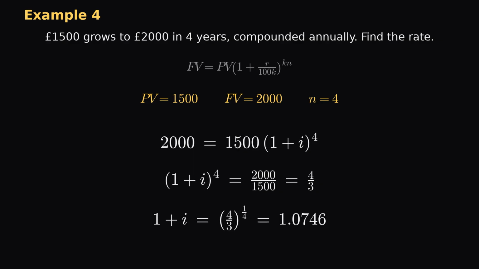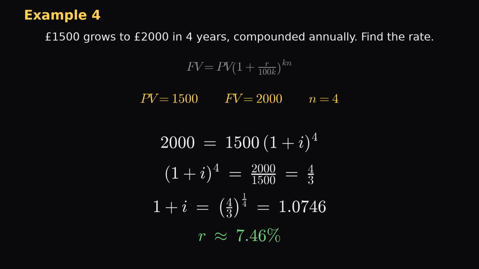Now take the fourth root of both sides. 1 plus i equals (4/3) to the power 1/4, which is 1.0746. So i is 0.0746. The rate is about 7.46%.